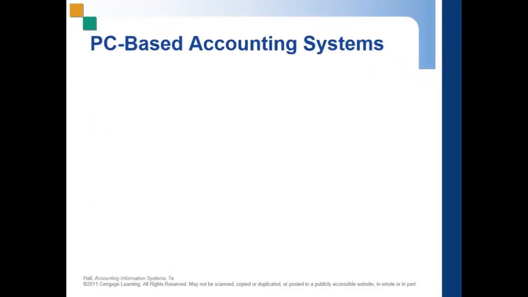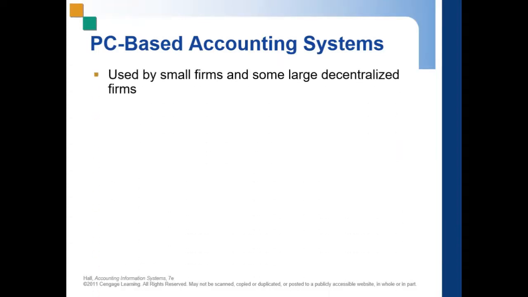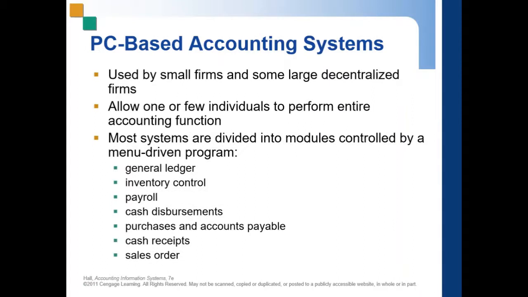Now, another kind of system is the PC-based system. So, PC-based, how is this different from computer-based? In computer-based, usually they use a system, and usually they use the cloud, maybe. Now, in PC-based, these are usually used by small firms and some large decentralized firms, wherein it allows one or a few individuals to perform the entire accounting function.